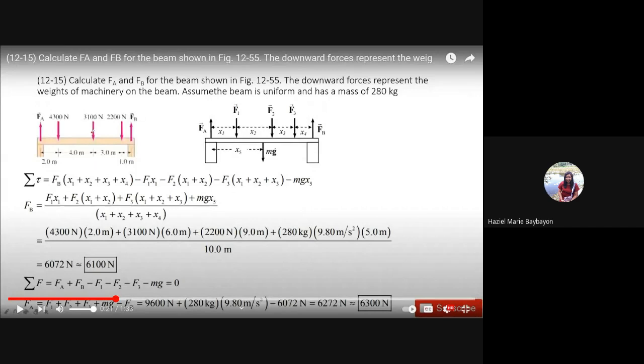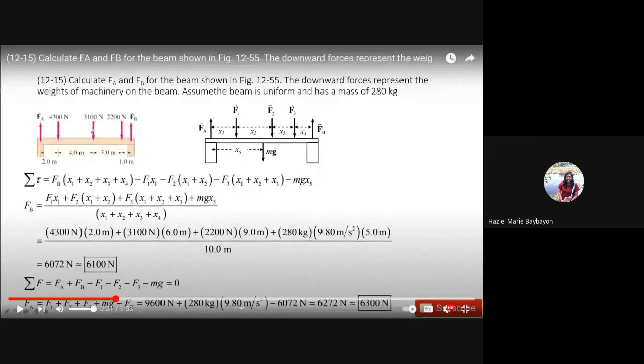Then this 3,000 newtons multiplied by its distance from the pivot point, which is 2 plus 4, so it's 6 meters.